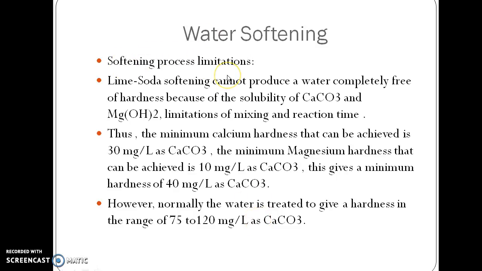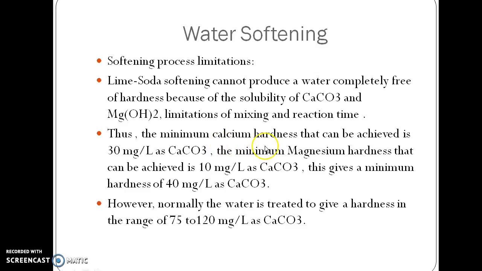Softening by the lime soda process has limitations. Lime soda softening cannot produce water completely free of hardness because of the solubility of calcium carbonate and magnesium hydroxide, and limitations of mixing and reaction time.